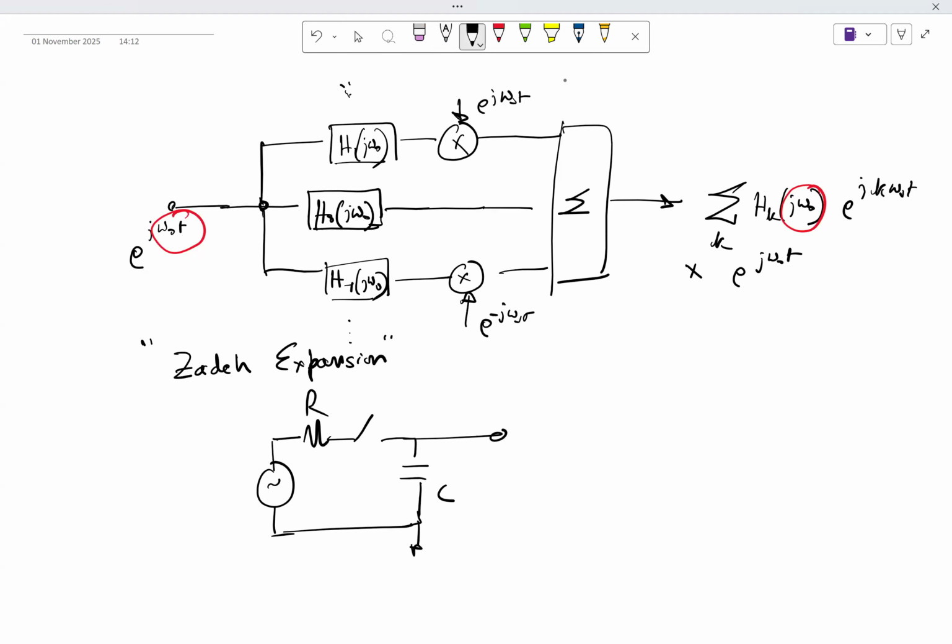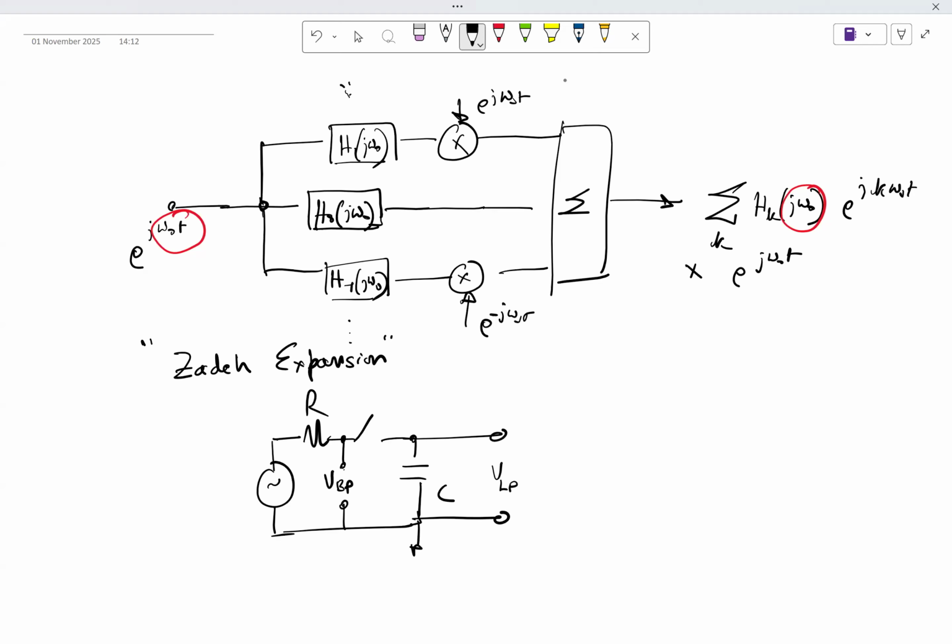So we were taking the voltage across the capacitor in one case. I'll now call it VLP because we know it will be a low pass response. Another case we were taking here, I'll call this VBP because we know that it will kind of have a band pass response also, right?